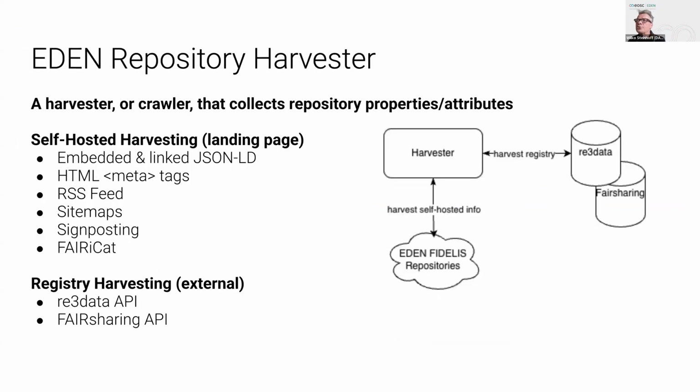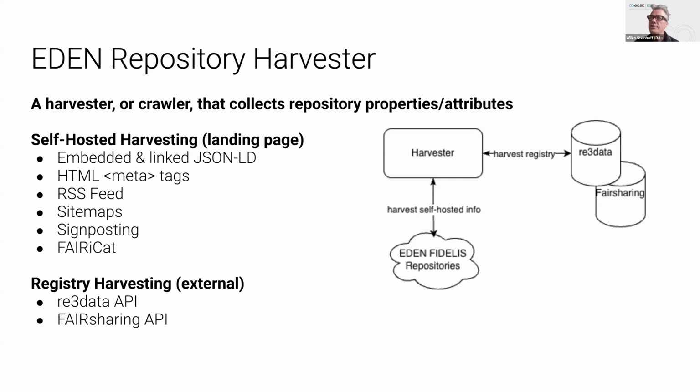Looking at the repository harvester, for the MVP it currently harvests the Fidelis network repositories. It visits their landing page and looks for properties and attributes that it can find there, in different sources that I listed here.